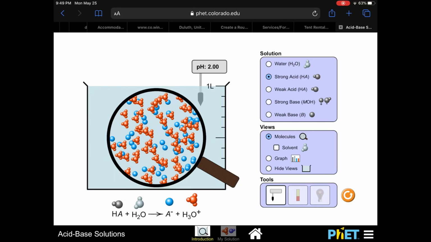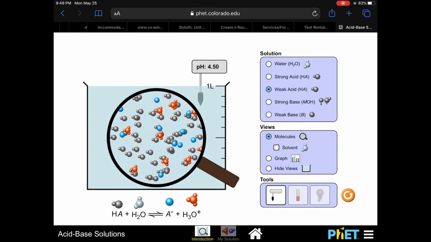Make a guess about what's going to happen when we look at weak acids. Notice with weak acids, we have a lot more of that HA in solution. In other words, and this is a big takeaway, weak acids don't dissociate to the same extent that strong acids do.